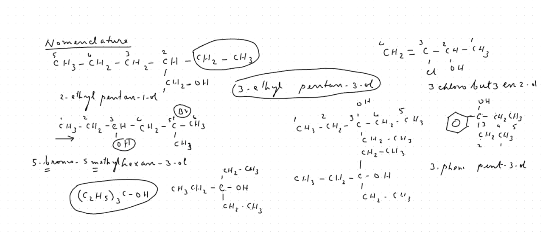Phenyl. At this point, one thing you should remember: C6H6 is benzene. C6H5 with a bond vacancy is called a phenyl group. C6H5CH3 is toluene.